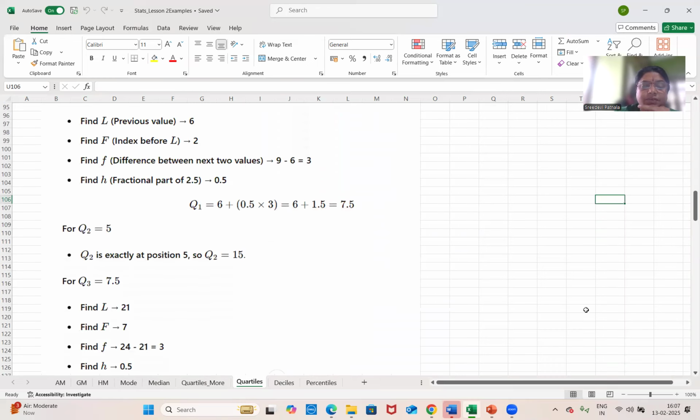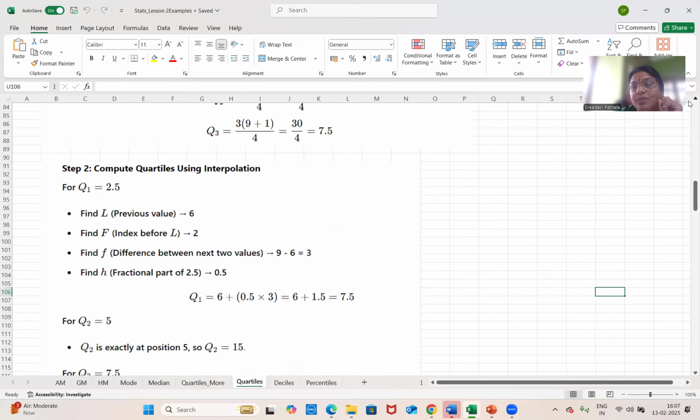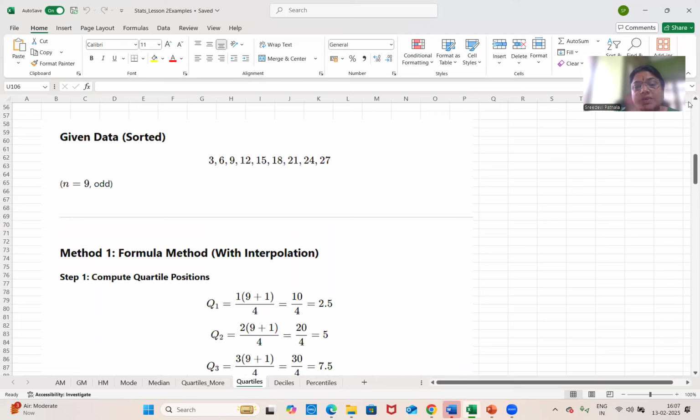Next is Q3. In place of K, you substituted 3, and 3 into (N plus 1) by 2 gives 7.5. This is how you have to interpret it. 7.5 means between the seventh and eighth positions. What are your seventh and eighth values? 3, 6, 7, 8. 7.5 lies between 21 and 24.